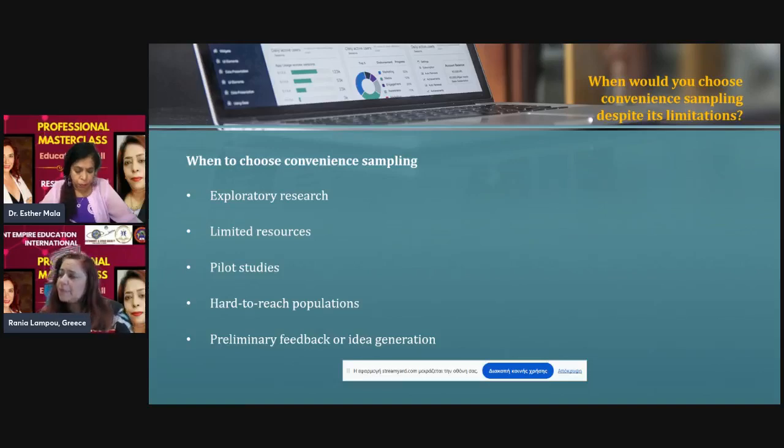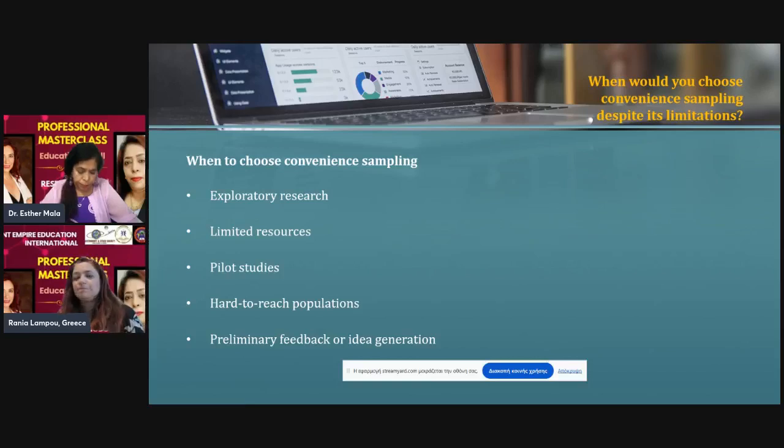When time, budget, or access to a full sample frame is limited, convenience sampling is often the most feasible option, so when there are limited resources. When we want to test research instruments like questionnaires or interview guides before conducting a larger, more rigorous study, so pilot studies. For hard-to-reach populations, if it's difficult to identify or access a complete list of potential participants, you might rely on those who are readily available.